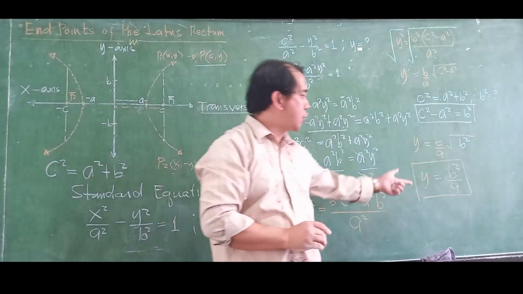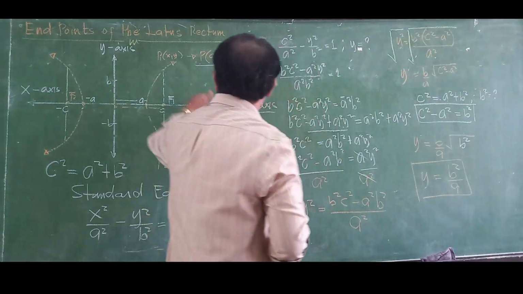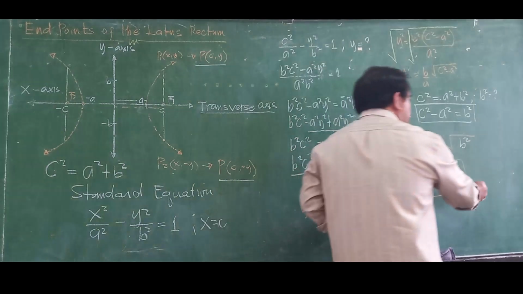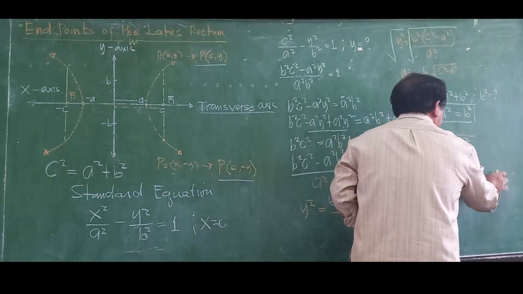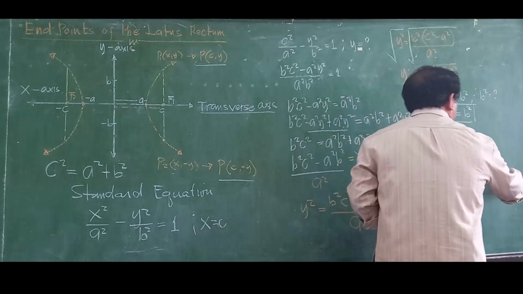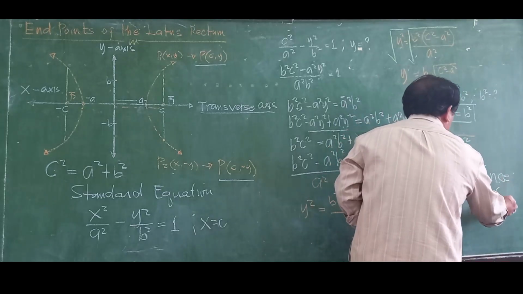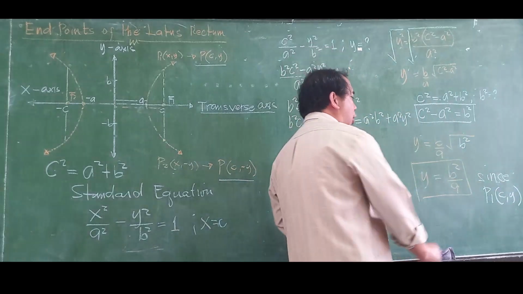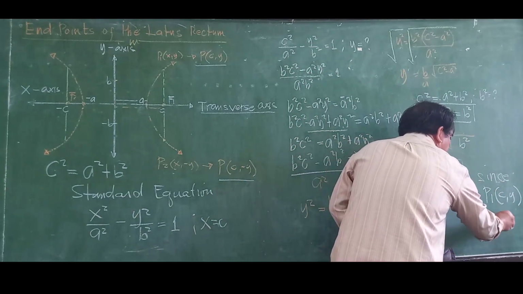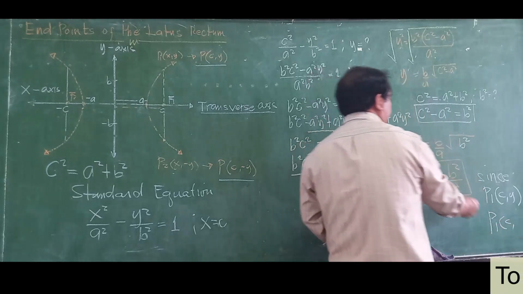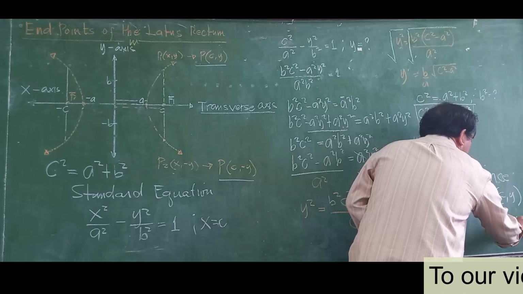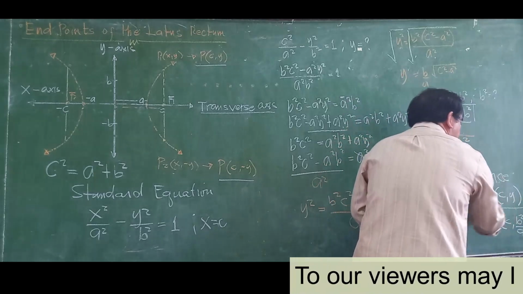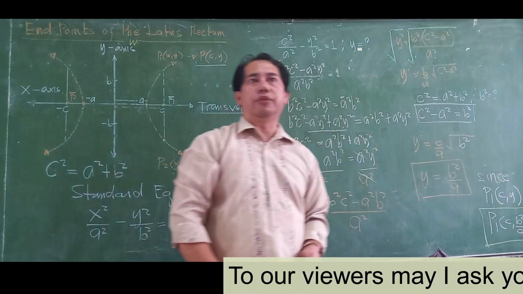Meaning, the endpoints now, ito na yung endpoints natin. Now, notice, since our point 1 is c and y, then we can replace now your y. Then our point 1 now is the same as c and what? b squared over a. So that is our endpoints of the latus rectum.